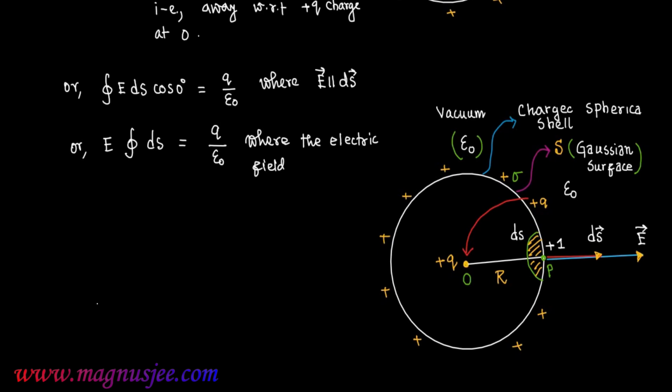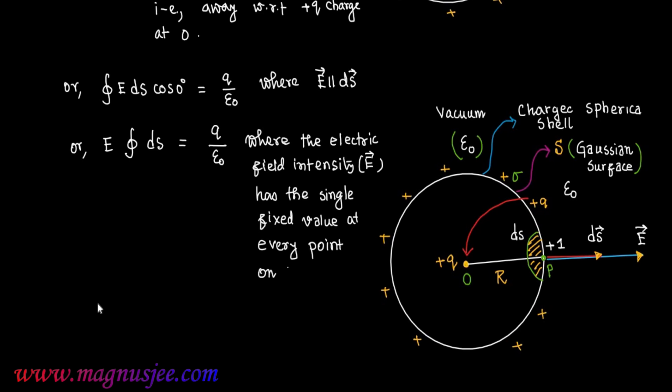That's why electric field intensity is constant, and we can bring electric field intensity outside the integration sign, where electric field intensity vector E has the single fixed value at every point on the spherical Gaussian surface.